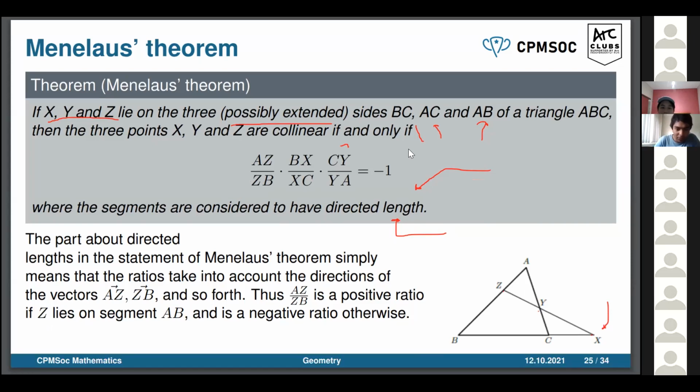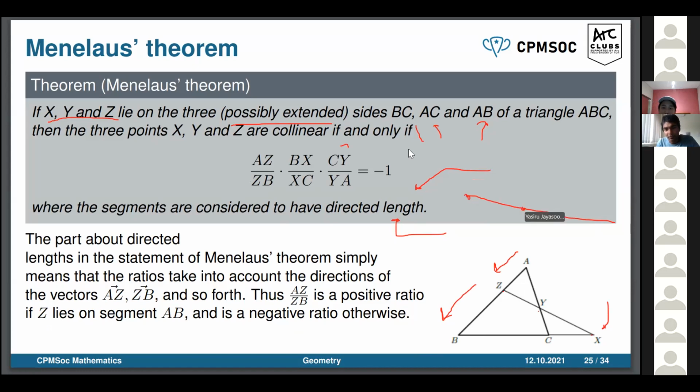Okay, so an example is down here, of directed length. If AZ and ZB are going in the same direction, it means the ratio AZ over ZB is taken to be positive, again like vectors going in the same direction.